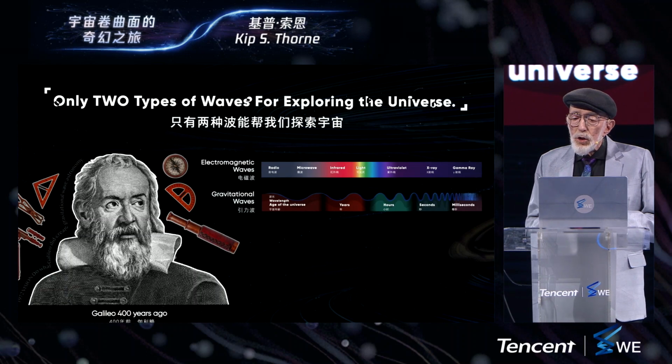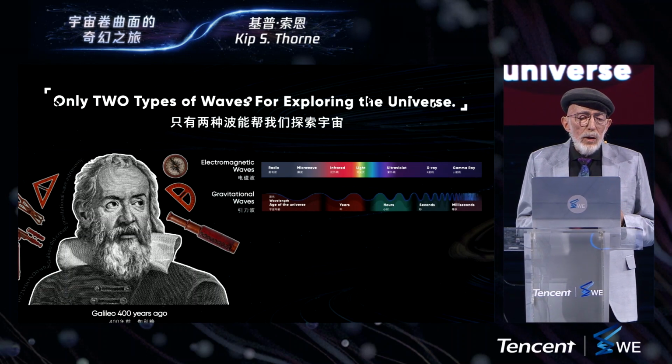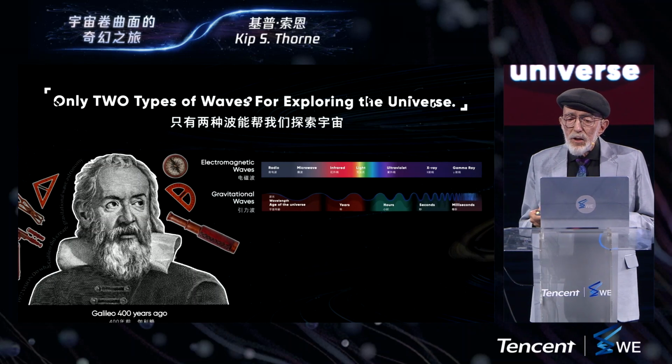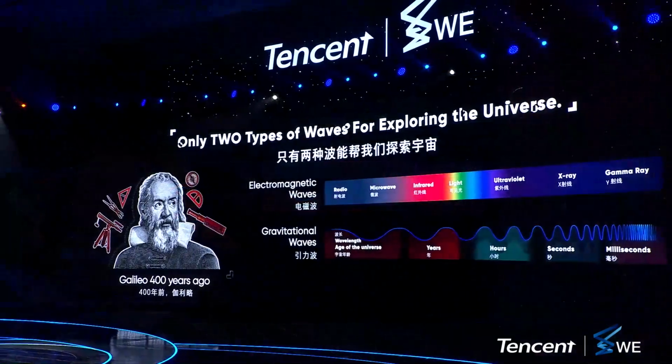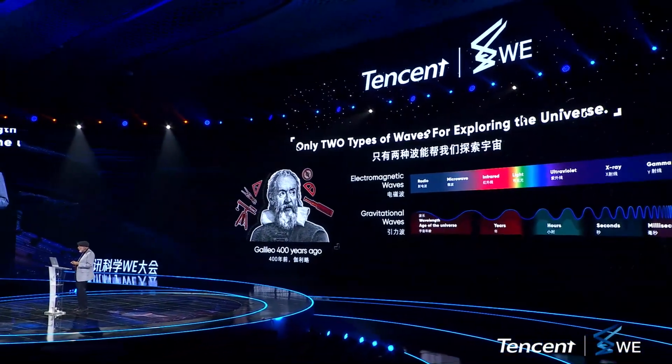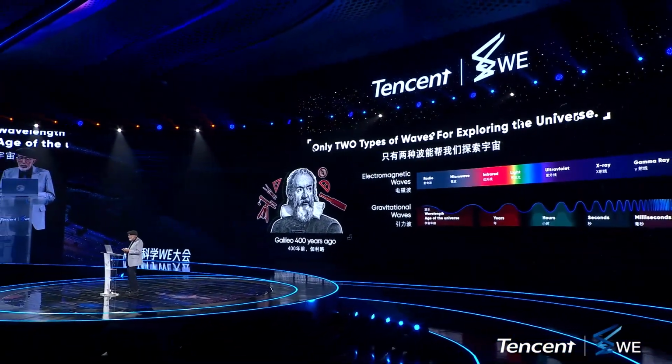He pointed it at Jupiter, and he discovered Jupiter's 4 largest moons, and thereby he created instrument-based electromagnetic astronomy. In the subsequent 400 years, electromagnetic astronomy has revolutionized our understanding of the universe.